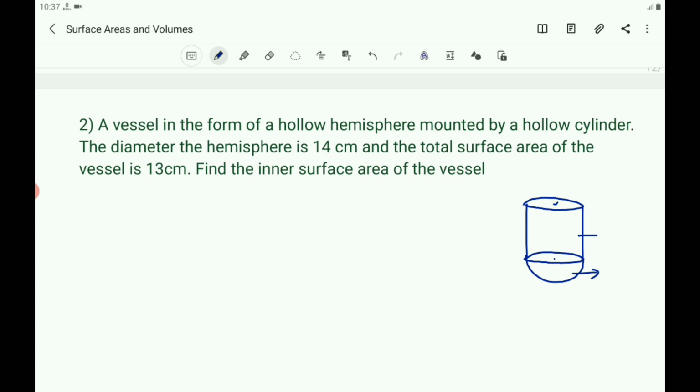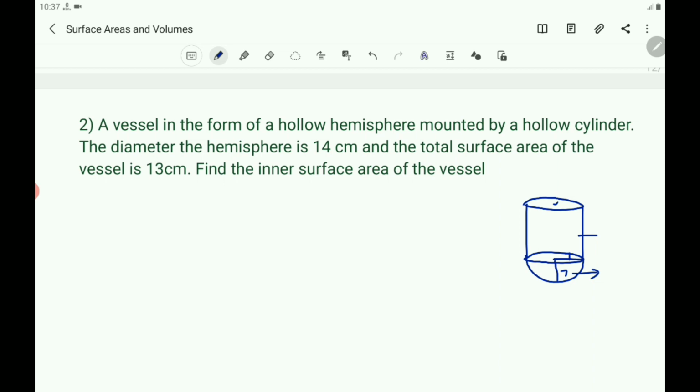And what is given here? The diameter of the hemisphere is 14 centimeter. That is also the diameter of the cylinder. Then what is the radius of the hemisphere and the radius of the cylinder? That is 14 by 2, you will get 7. So here the radius is 7.